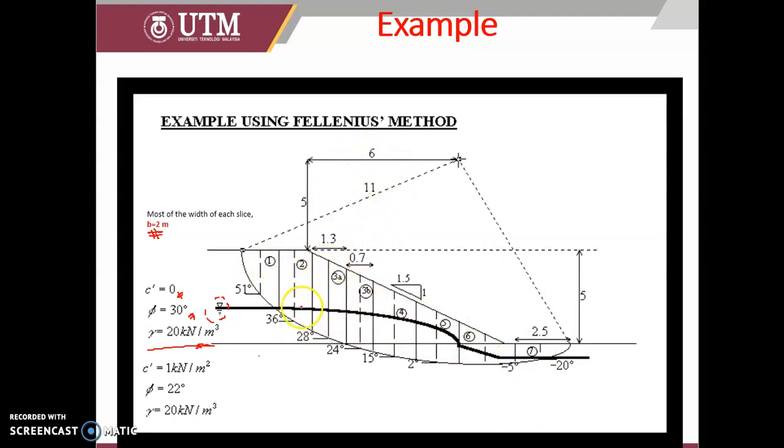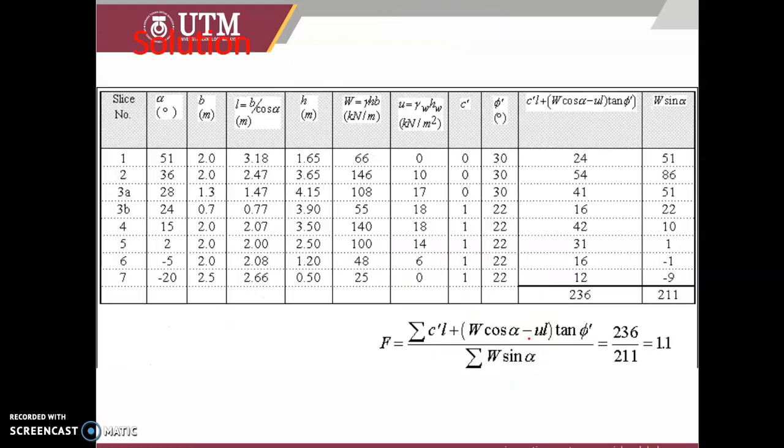Knowing the slice size, this is alpha. This is the first slice, second and third, and so on. So we put all the values into the table, alpha, beta, and so on. So we solve for the FOS. The FOS is 1.1, barely stable.